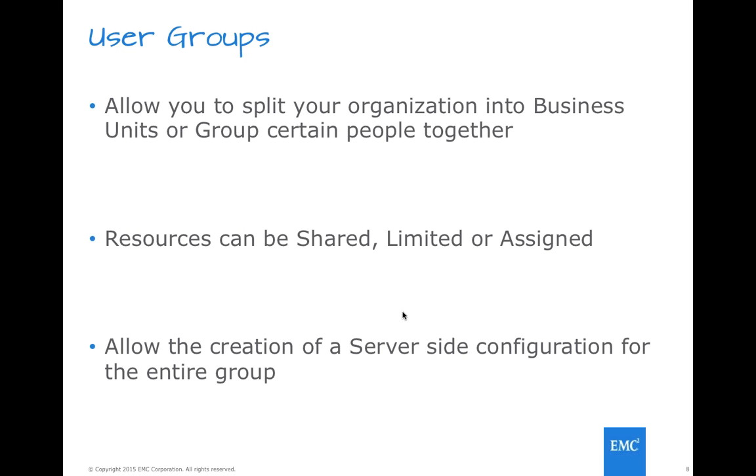With that, for user groups, when we say shared, limited, or assigned, what we mean is what way the user group will actually approach using the storage on the account. If it's a shared user group, it acts the same way as a user does, in that it can access all the storage that's available on the account.